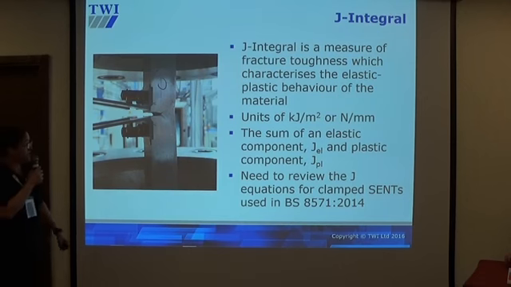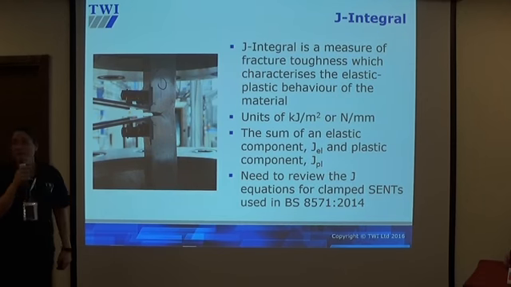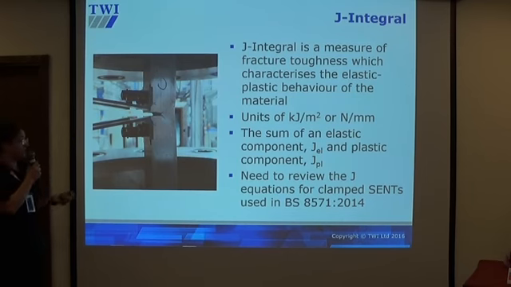It's defined in units of kilojoules per metre squared or newtons per millimetre, and is normally defined in terms of a summation of an elastic component, J elastic, normally based on K, the stress intensity factor, and a plastic component based on the area under the load displacement curve measured during the test. And this work has come out of a need to review the J equations for clamped SENT specimens in BS 8571.